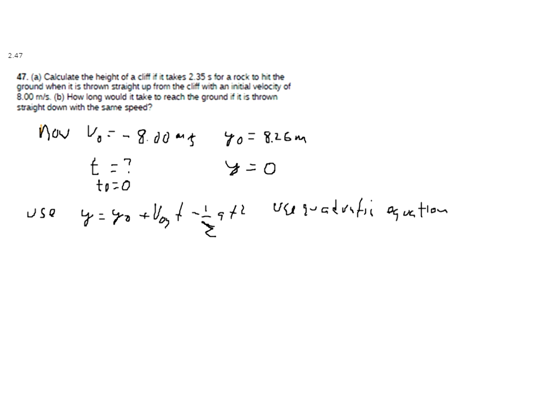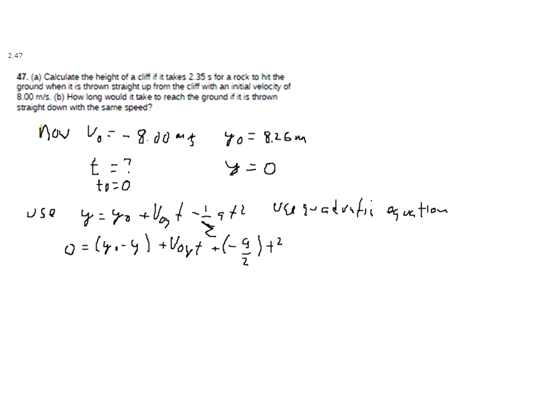First off, we need this to be 0 on this side. So 0 equals Y0 minus Y plus V0Y T plus negative G over 2 T squared.